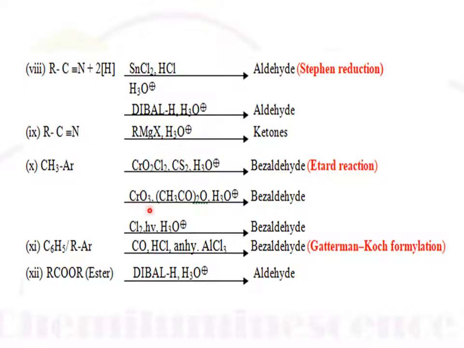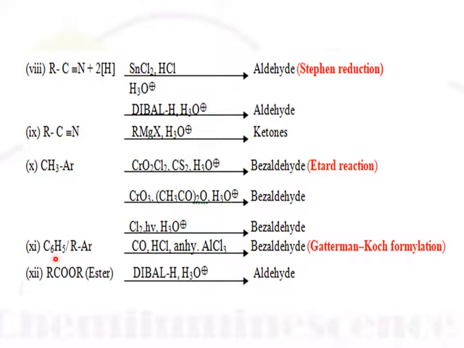Toluene on further reaction with chromium oxide in presence of acetic anhydride followed by acid hydrolysis gives benzaldehyde. Similarly, toluene on chlorination followed by acid hydrolysis gives benzaldehyde. For all these three reactions, the reactant is the same, that is methyl benzene or toluene.